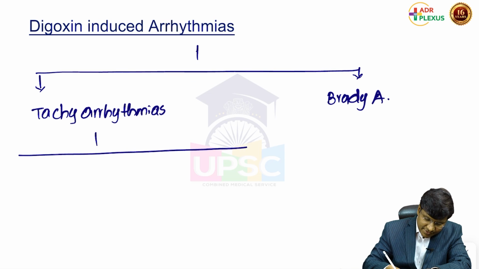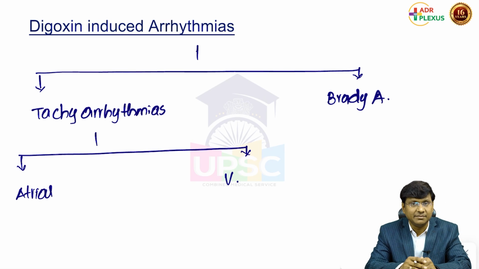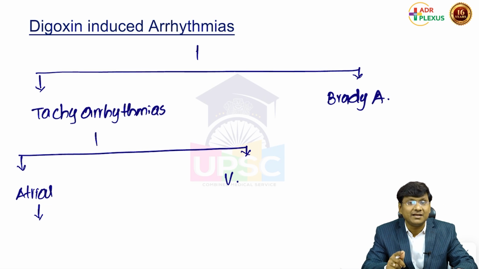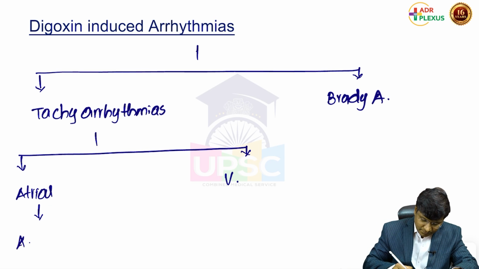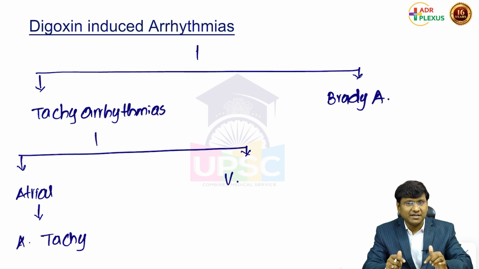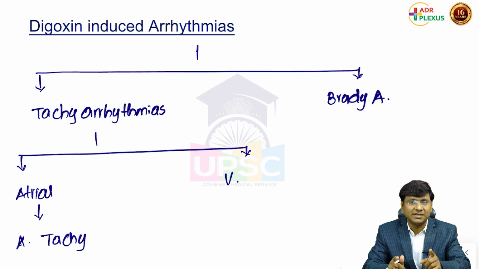They include both atrial arrhythmias and ventricular tachyarrhythmias. The atrial arrhythmias include atrial tachycardia, atrial tachycardia with variable AV block. But as I have said just now, digoxin toxicity is not associated with atrial fibrillation or atrial flutter.